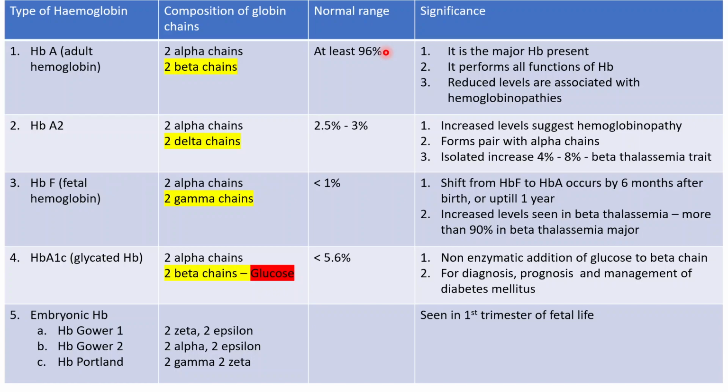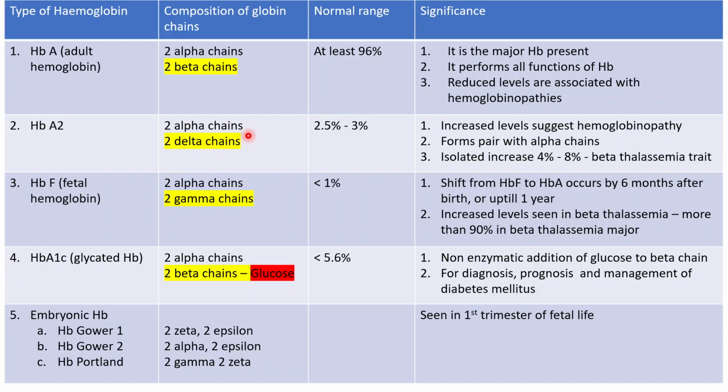Now, hemoglobin A2 is very, very important for one sake, that the normal range of hemoglobin A2 is 2.5 to 3%. Now, increased level of hemoglobin A2 suggests that there is also an abnormal type of hemoglobin or hemoglobinopathy. So hemoglobin A2 forms a pair with alpha chains.